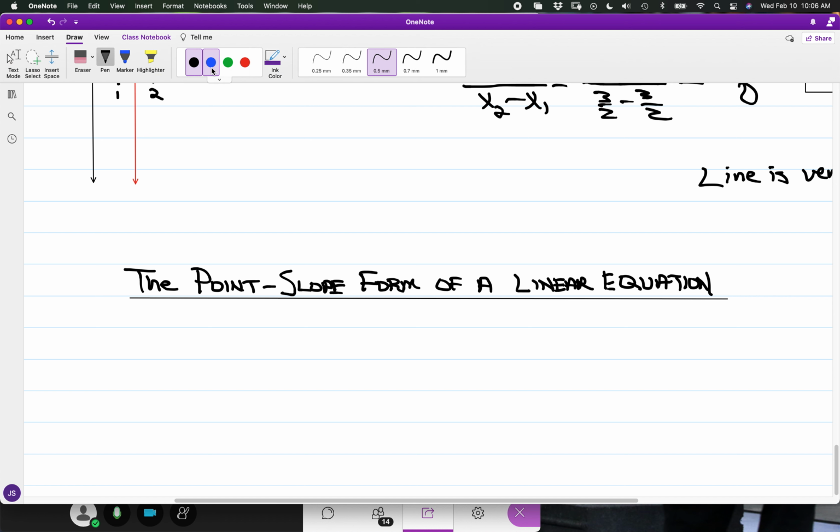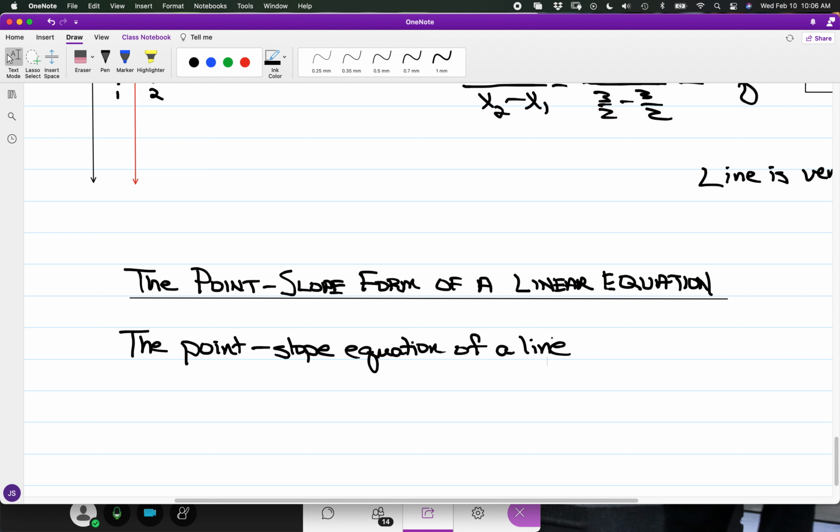So you have the point-slope equation of a line that has a slope m and passes through a point.